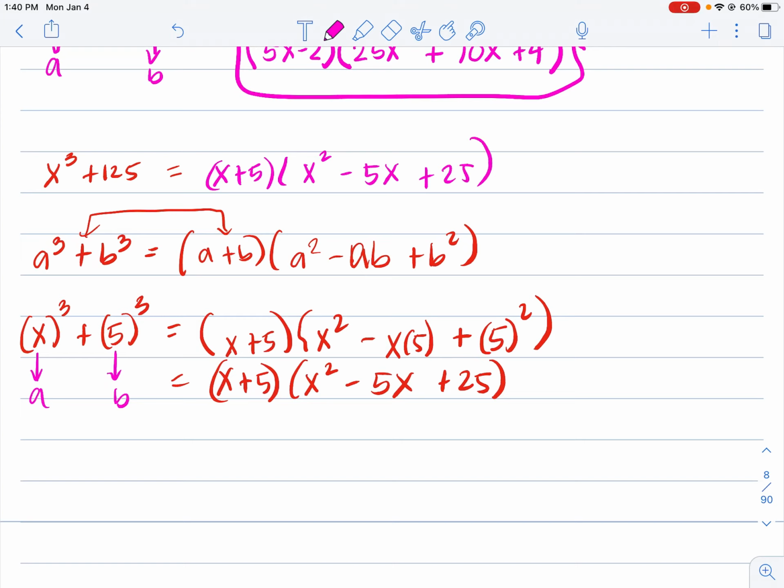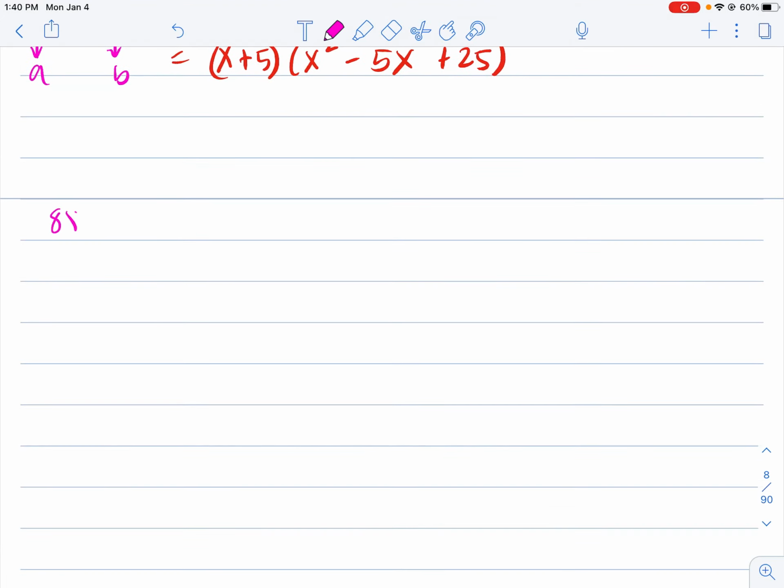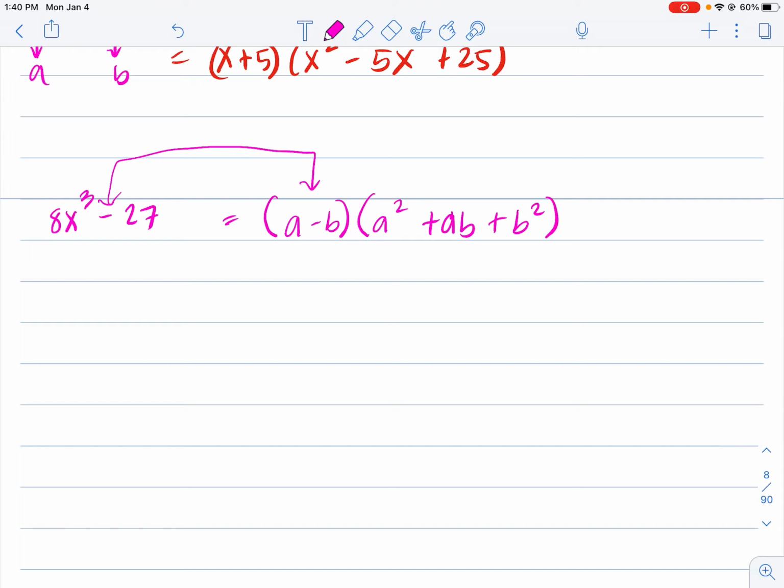Okay? Our last example would be 8x cubed minus 27. So let's have our formula here. The formula would be a minus b, because it has to be the same sign, then a squared, opposite sign, so plus ab plus b squared.